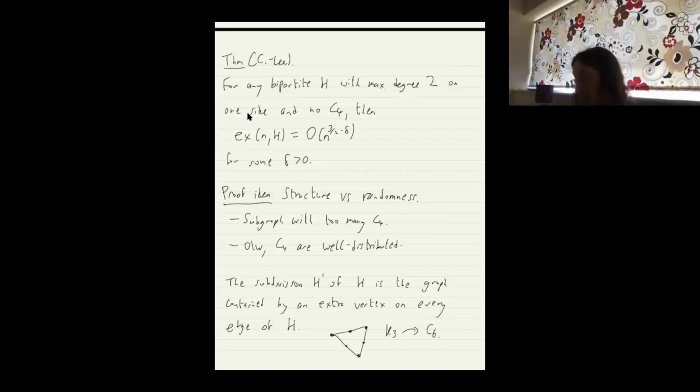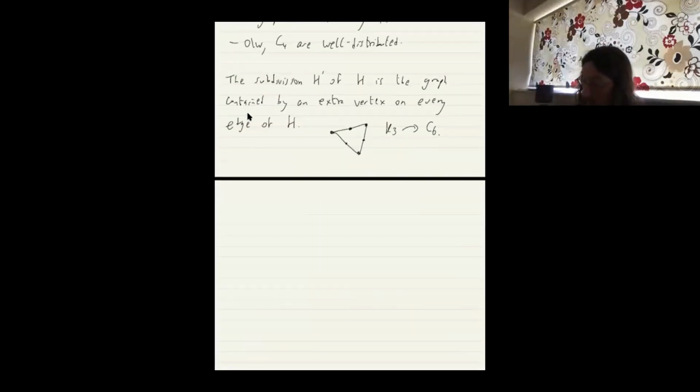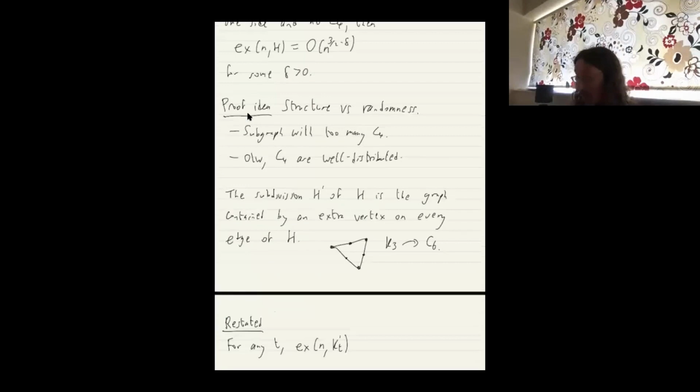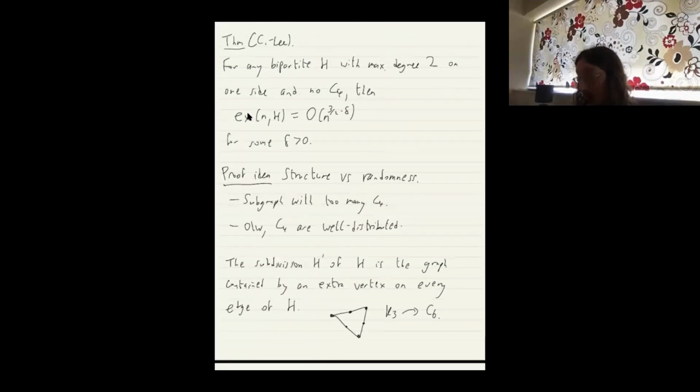So what we actually proved, the restated version of the theorem, is that for any t, the extremal number of the subdivision of K_t, and the subdivision of K_t contains every other subdivision, and the class of subdivisions is exactly the family of graphs for which there's maximum degree 2 on one side and no copy of C4.